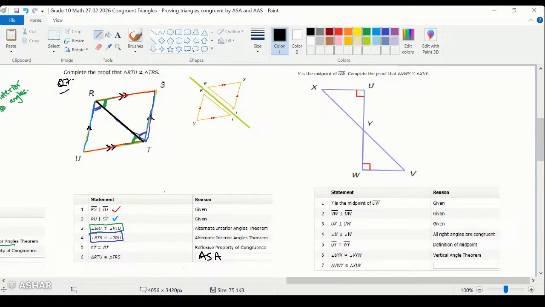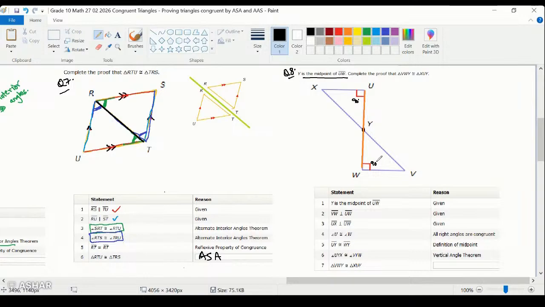And they are saying, why is the midpoint of UW? Why is the midpoint of this line? And what else is given to us? They are saying one angle is given to us. That is a 90-degree right angle.